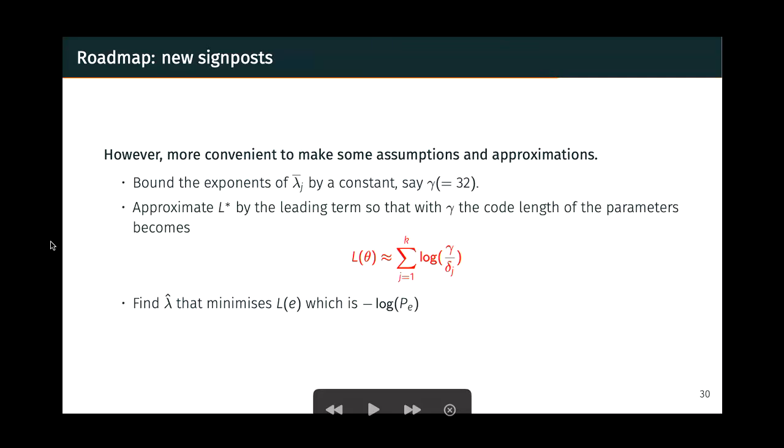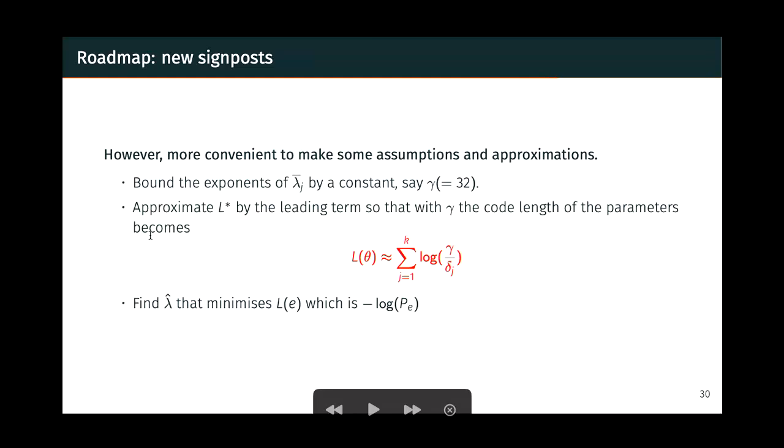So we're going to throw all of them away except for the first one. So when we talk about the L of the lambdas, it's just going to be the sum of the L stars of the individual lambdas. We're just going to use the first term in that finite but indeterminate number of terms series.